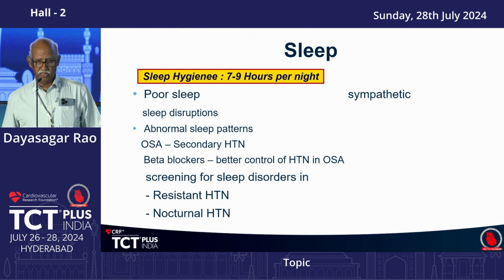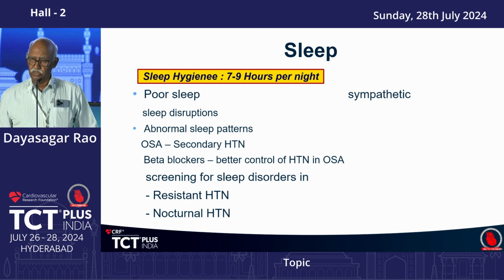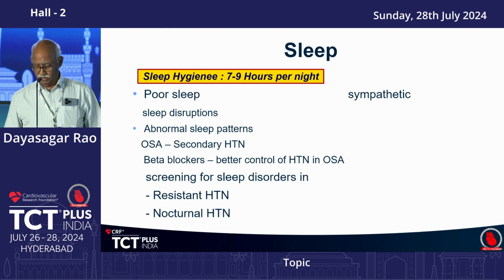It's important to remember that obstructive sleep apnea is one of the important causes of secondary hypertension. And screening for sleep disorders in conditions like resistant hypertension and nocturnal hypertension is very important because the therapy of obstructive sleep apnea is totally different. It is not pharmacological. It is basically application of BiPAP and CPAP.